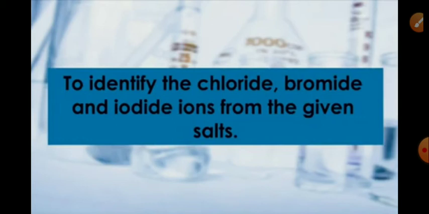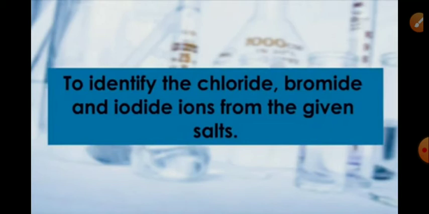On observing, in test tube A the precipitate is white in color. In test tube B, the precipitate is light yellow, and in test tube C, it is dark yellow. So in all three test tubes, a different color precipitate is formed. These colors indicate which ion is present in a particular solution.